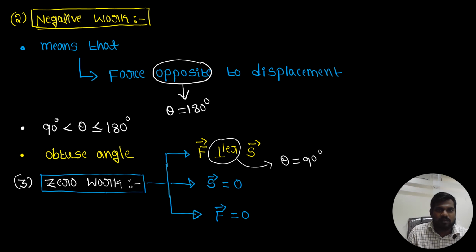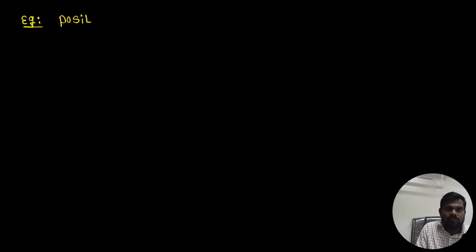These are the three types of work done: positive work, negative work, and zero work. This is the procedure for when we say work done is positive, negative, or zero. Next, I will go to some examples for positive work, negative work and zero work. For positive work I will give examples first.